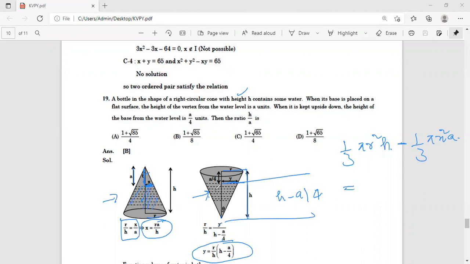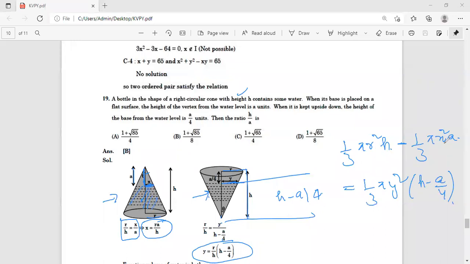Equate this on the right hand side to 1 by 3 pi y square into h minus a by 4. So you just got the equation and you need to solve for h by a.